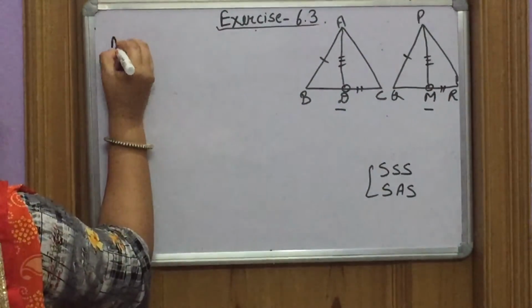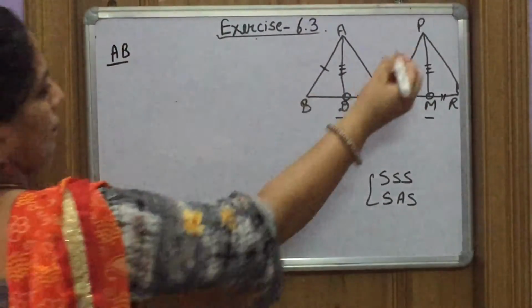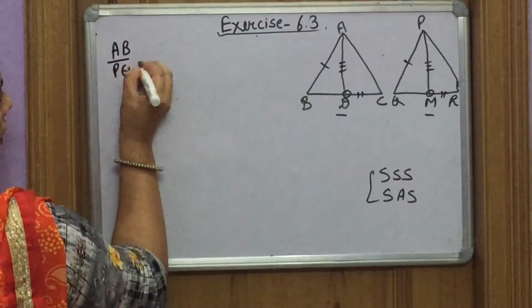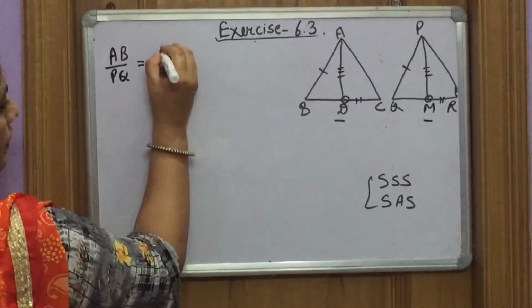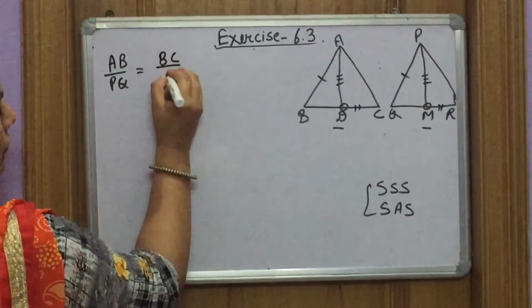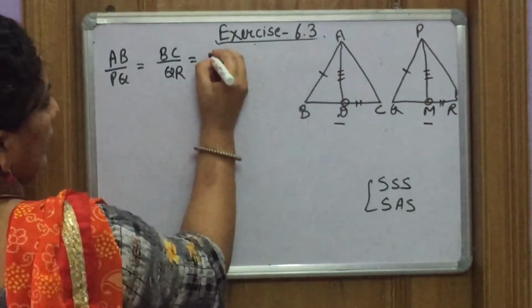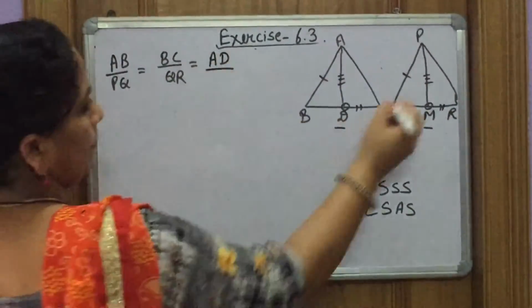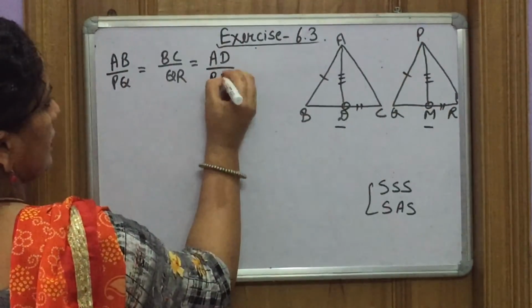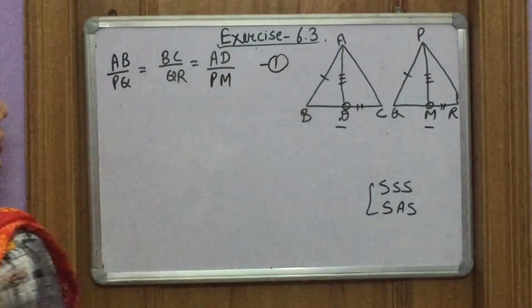So we will write here AB divided by PQ is equal to BC divided by QR and AD divided by PM. This is our given condition.